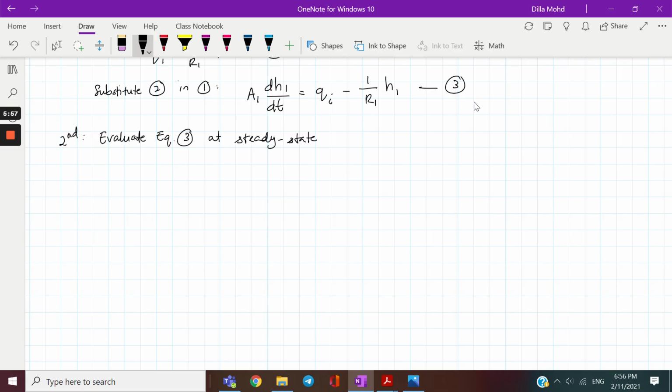When you evaluate at steady state, we are saying that the left hand side is 0. So the rest will become the nominal value, this is H1 bar. And then the third step is for us to put our equation in deviation variables.